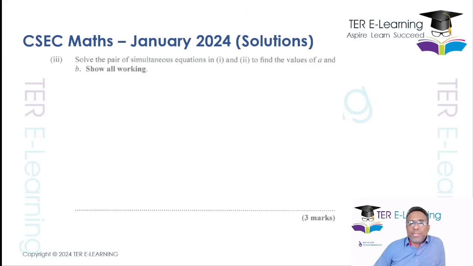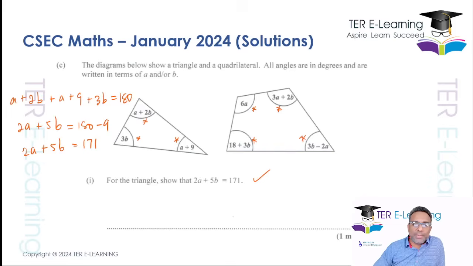All right, now we want to solve the pair of simultaneous equations. So let's back up a little bit. 2A plus 5B is 171.